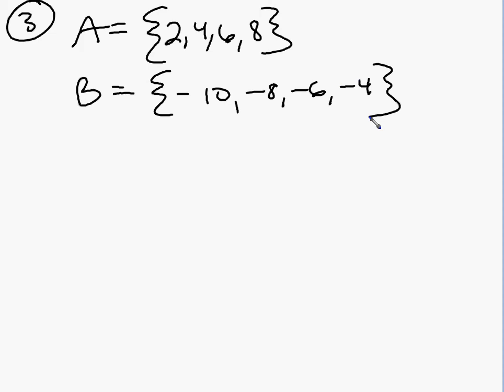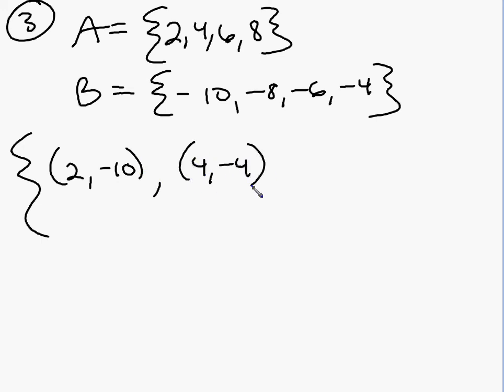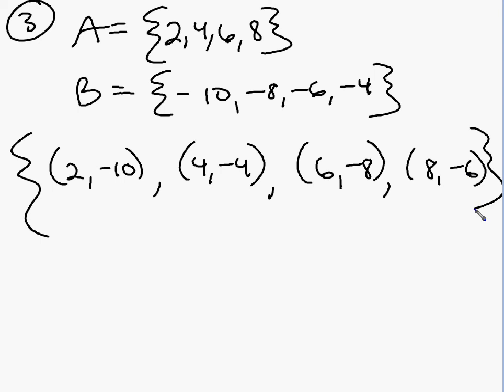And then they say, okay, here is the function. The function is this set of points. 2, -10, 4, -4, 6, -8, and 8, -6. Okay, they're going to give you a set of points like that. And they're going to say, okay, this is your function. Or they're going to ask you, is this set of points a function?